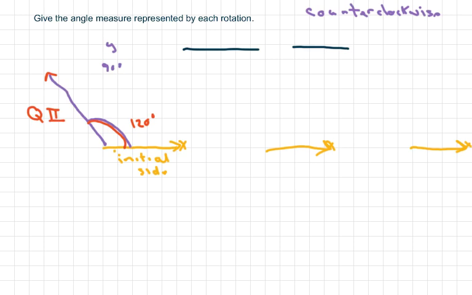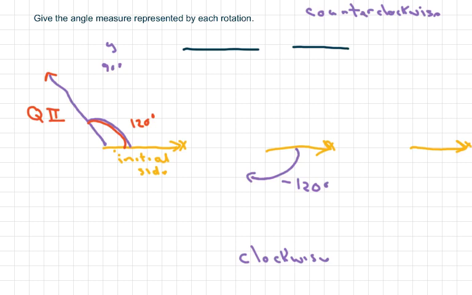Alright, let's do it again. Now, we have our initial side is your x again. And we're going to go negative 120. That means you go clockwise. And to go clockwise, we're going to go about 120 clockwise, but that's going to be negative 120 degrees.